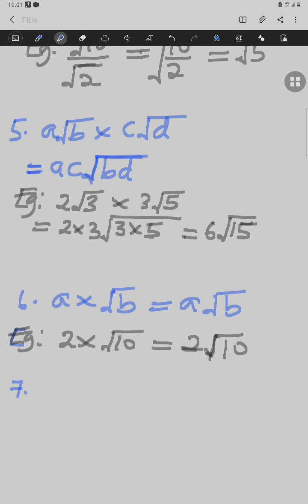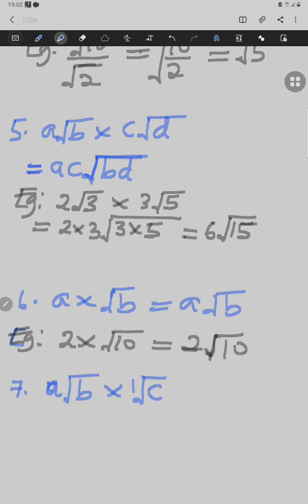How about if I have this? This time around, I'm going to have, let's say, a root b times root c. Look at this. Now you can clearly see that this one has a coefficient of 1.